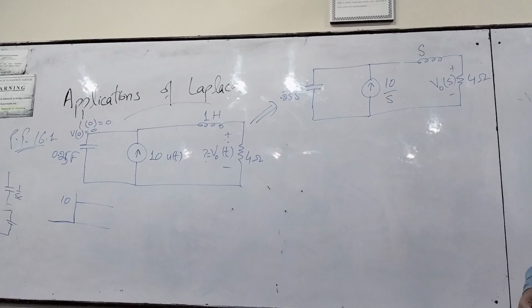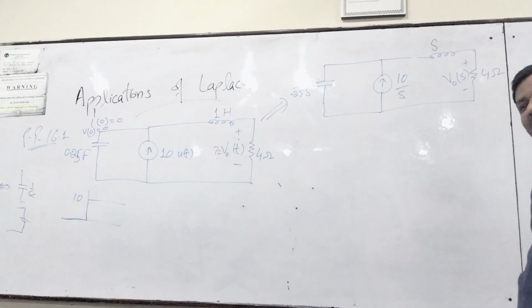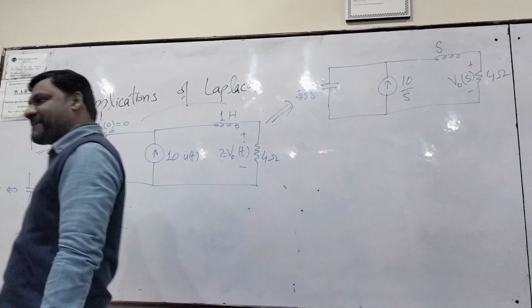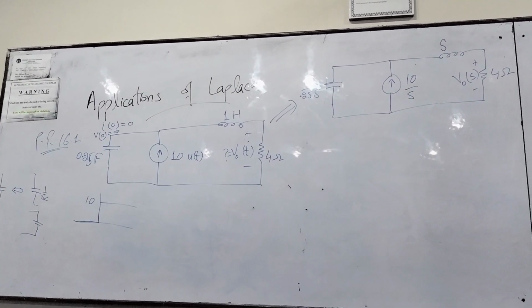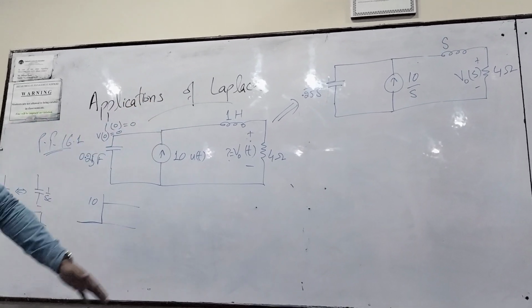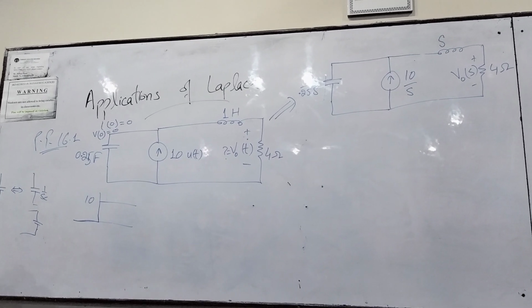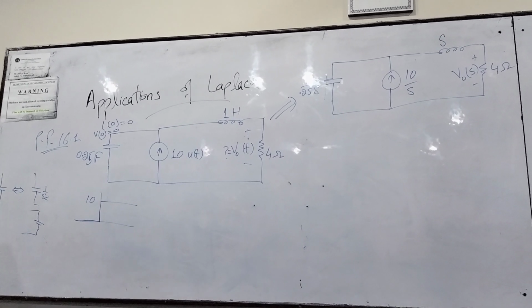The source transformation method is gone. No, you have one more very easy method. Voltage divider, current divider.